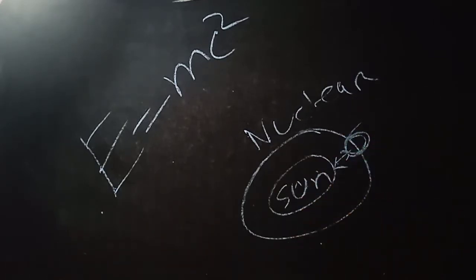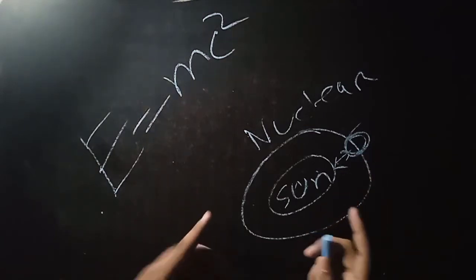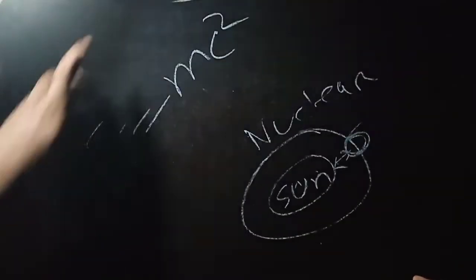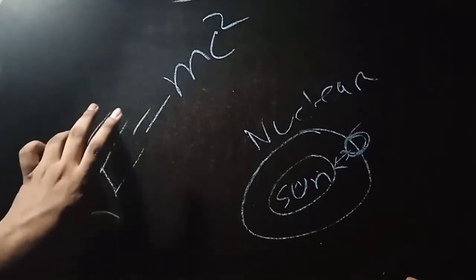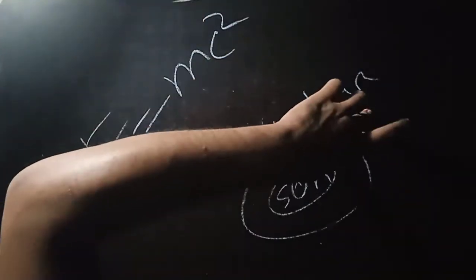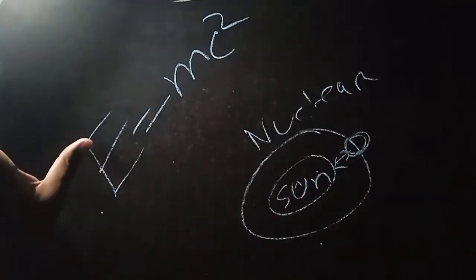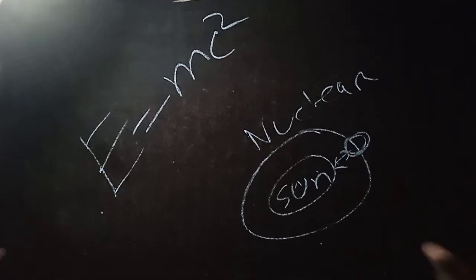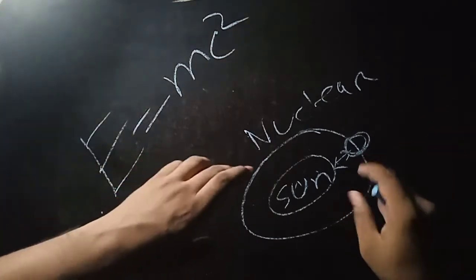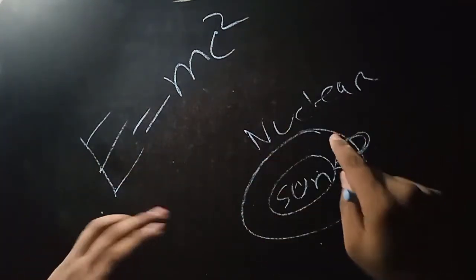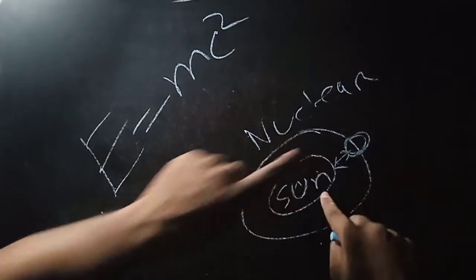Whenever there is a bound system, there is a negative energy associated with it. And as per this equation, whenever there is an energy, it is equivalent to some mass. That means if the sun and earth were weighed separately, away from each other's influence, the total weight would be more than the weight when earth is in orbit of the sun.